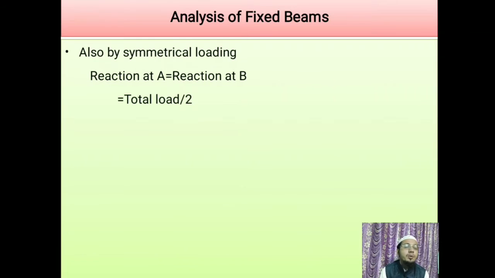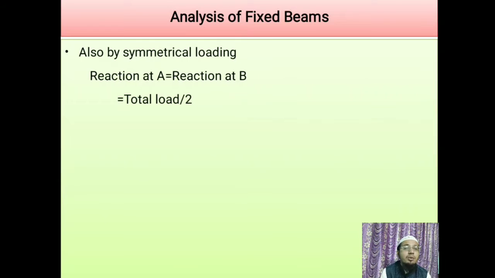Before going towards the shear force or bending moment diagram, let's calculate support reactions. Again, due to symmetry, support reactions are equal. That is, reaction at A equals reaction at B, equal to total load on the beam by 2.